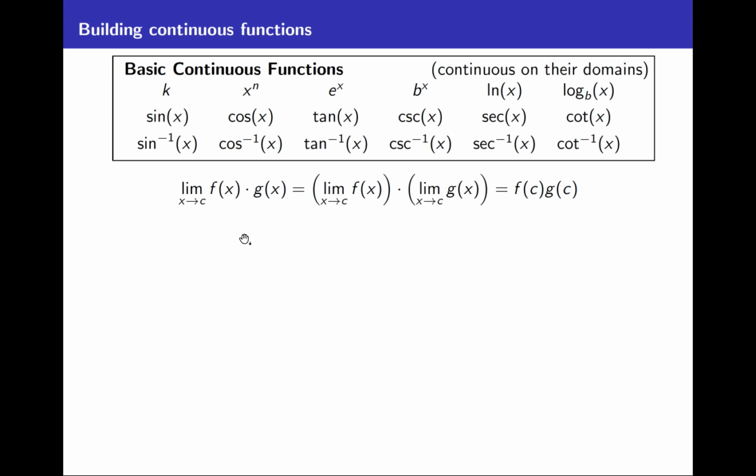And you can do this for any limit law. This limit law is telling us that the product of two continuous functions is continuous. We also have a limit law for the sum of two functions, and if those two functions are continuous, you get a corresponding fact that the sum of those two functions is continuous, using the limit law as we did here.